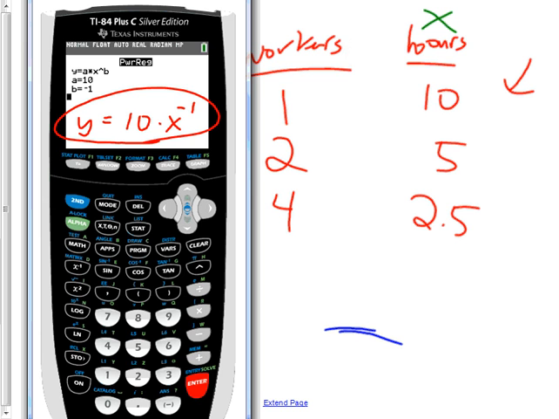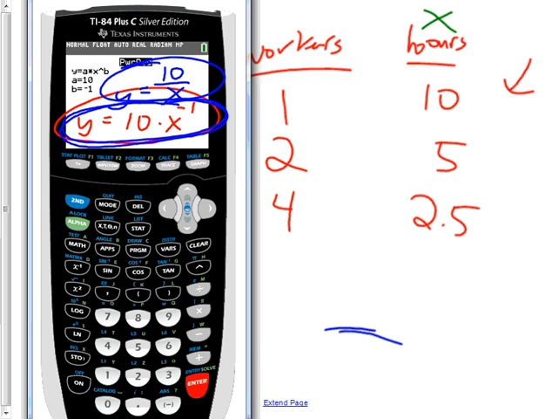Do you get that I could have rewritten this as Y equals 10 over X? I would have had to tell you that my constant of variation was a 10. But do you get how 10 over X and 10 times X to the -1 are the exact same thing?